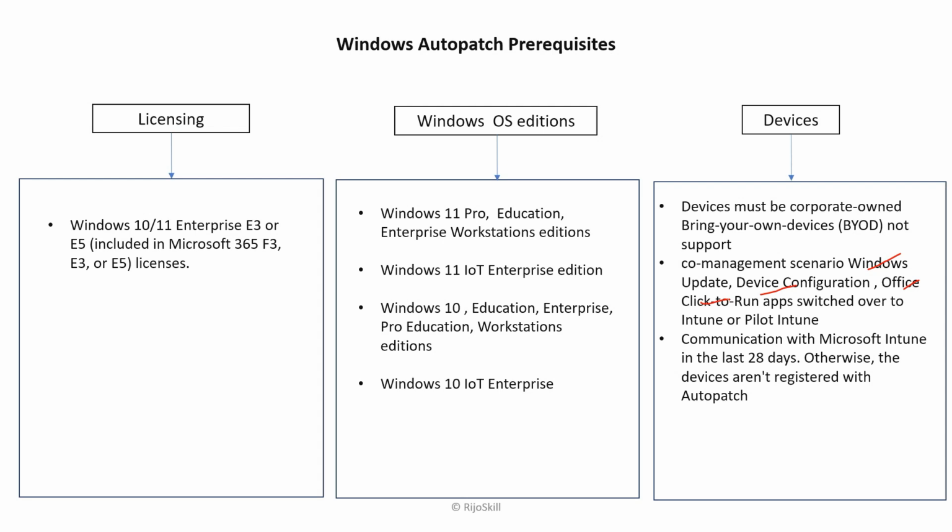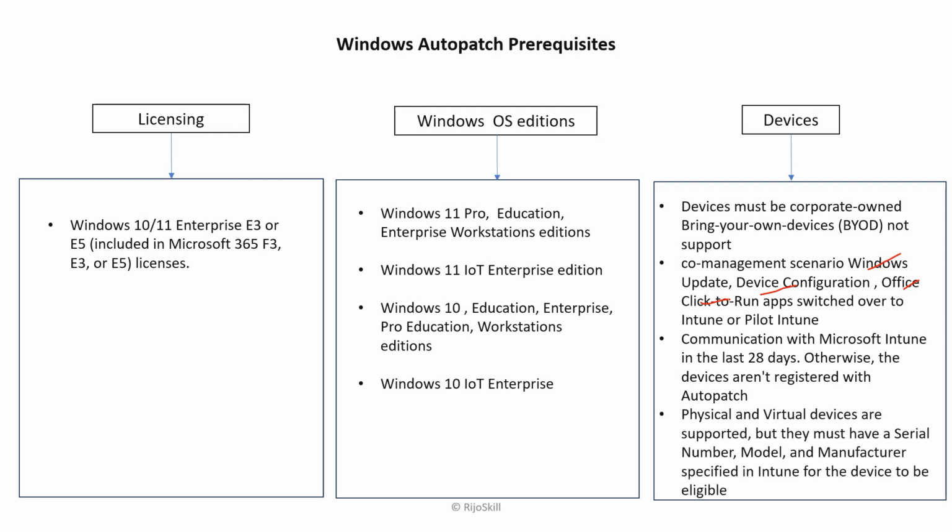The device must also have communicated with Microsoft Intune in the last 28 days, otherwise it is not registered in Autopatch. So your device must sync with the Microsoft Intune portal within that period, otherwise it will not be applicable for Windows Autopatch features. Physical and virtual devices are both supported for Windows Autopatch, but the serial number, model and manufacturer must be specified in Intune for the device to be eligible.